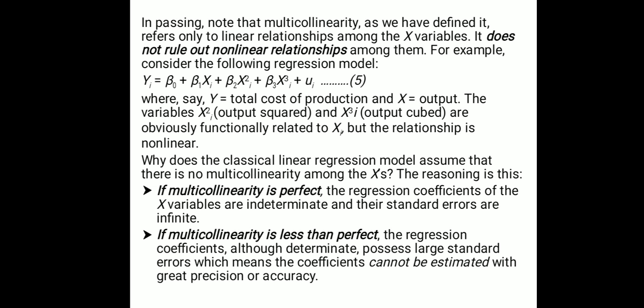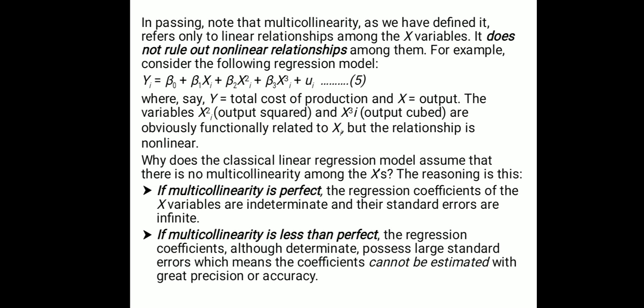For example, consider the following regression model: y equal to beta 0 plus beta 1 x plus beta 2 x squared plus beta 3 x cubed, where y is the total cost of production and x is output. The variables x squared, the output squared values, and x cubed, the output cubed values, are obviously functionally related to x, but the relationship is non-linear. Linear means of degree 1, power 1.